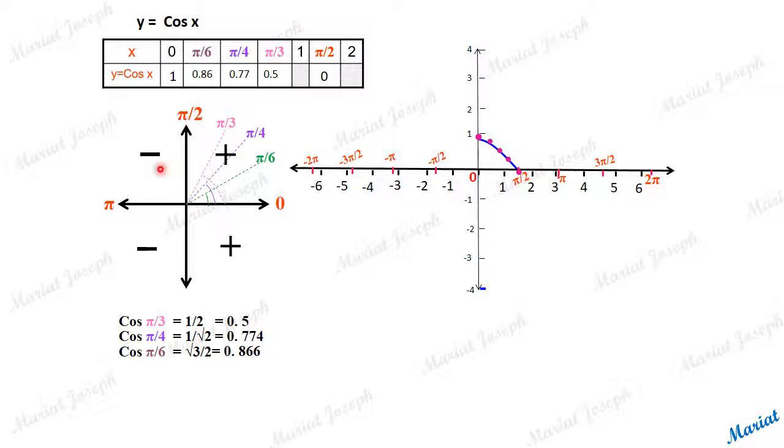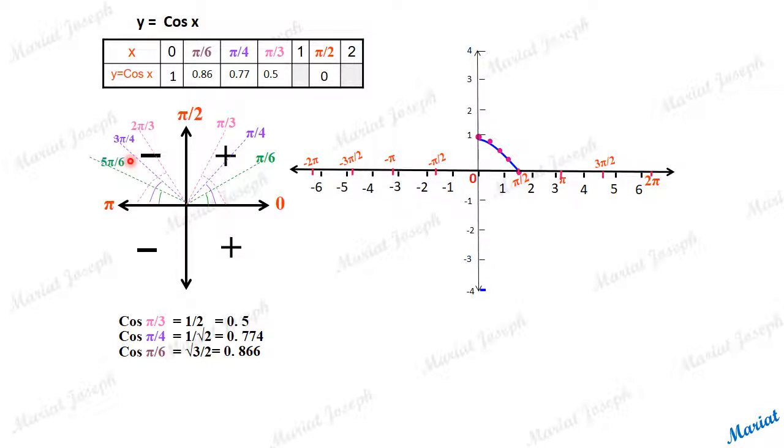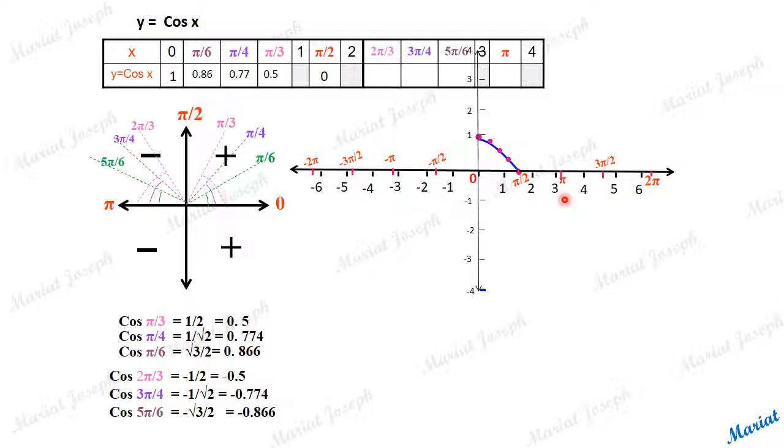Now we pass on to the angles in the second quadrant. That is 2 pi by 3, 3 pi by 4 and 5 pi by 6. All those y values are going to be negative. Since they are negative, the graph will go into the bottom portion of the x-axis. So the graph goes this way.